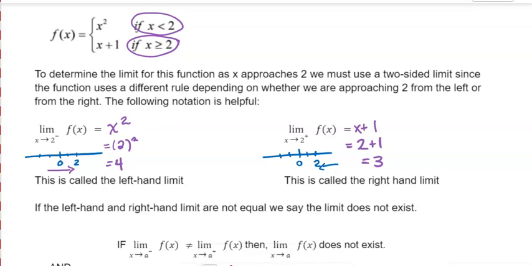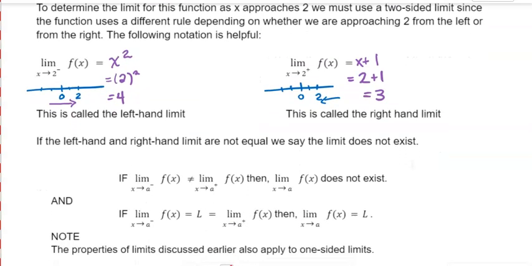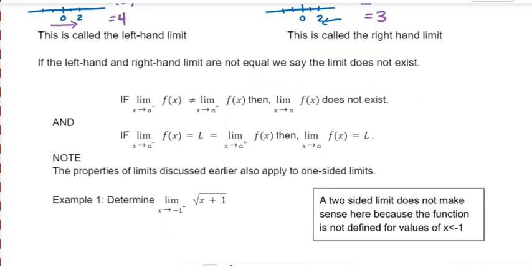So now we have a situation where the limits, or the value of the function at 2, is not the same. So if the left-hand limit and the right-hand limit are not equal, which they are not in this case, then this limit does not exist. And this is the notation for it.